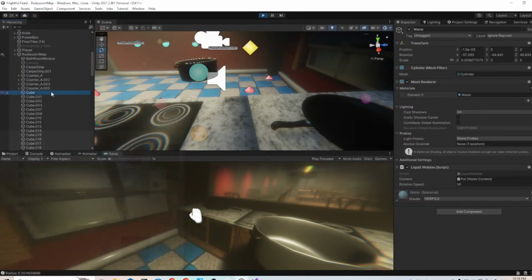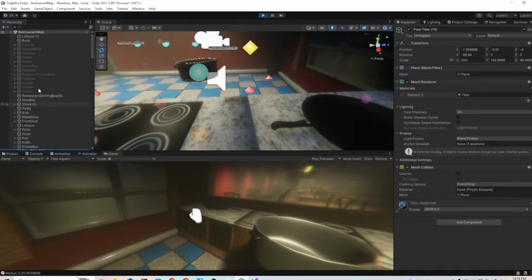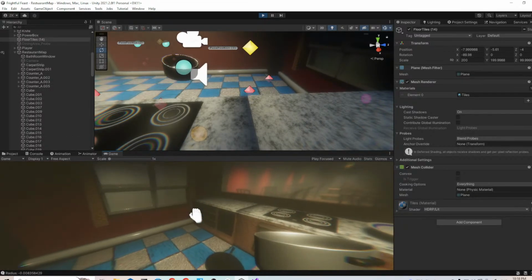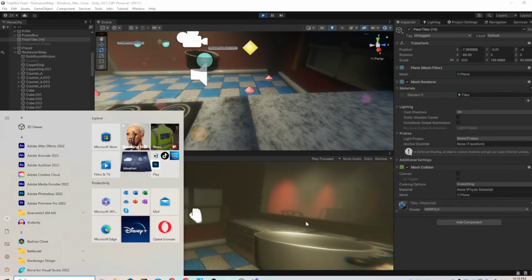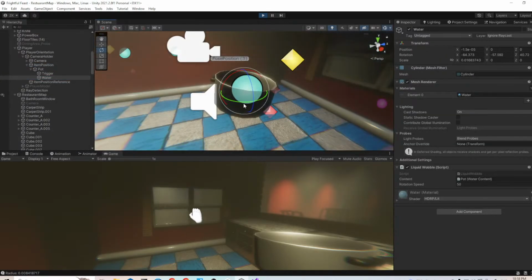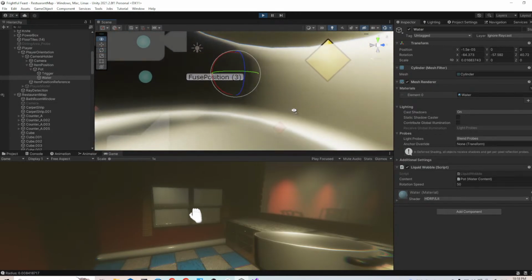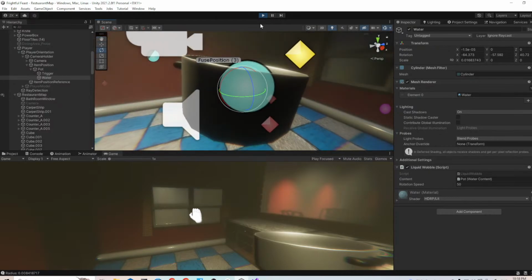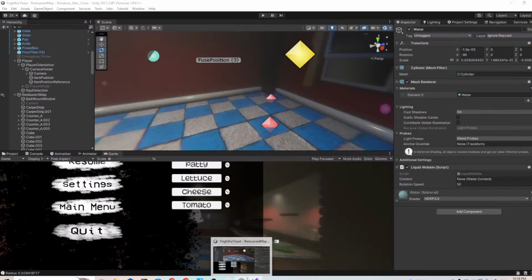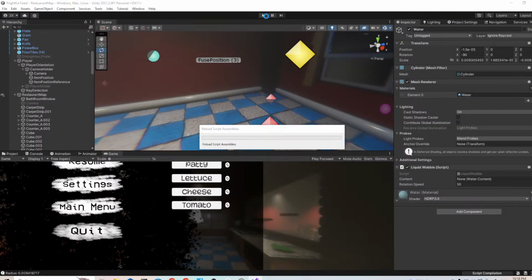Where is the water? Earth to water? Where is it, mate? Alright, I'm position. Oh, water. Where is the water? Is it infinitesimally small? Oh, that's why. Yeah, that wasn't smart. transform.localScale.y and then .z, because I made it ridiculously small. My bad. So small that you can't see it.